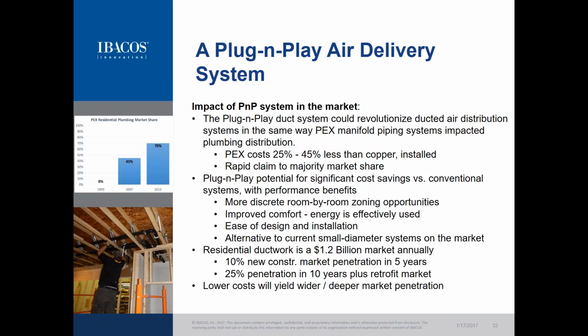And if you look at where they've come in the last 20 years, they've got pretty much a market penetration of about 75%. So we're looking at that model as replicating that with plastic ducts. And if we look at air distribution systems today in the market, there's no one that really owns that market. So we feel there's a big opportunity for a manufacturer to potentially take this on and bring it to market with some high level of confidence.